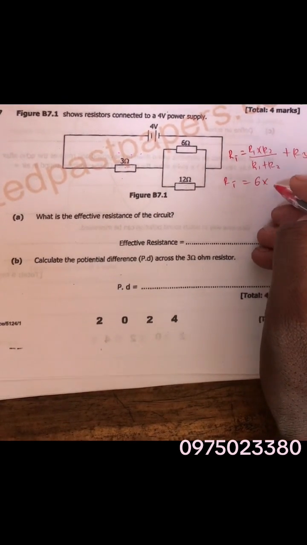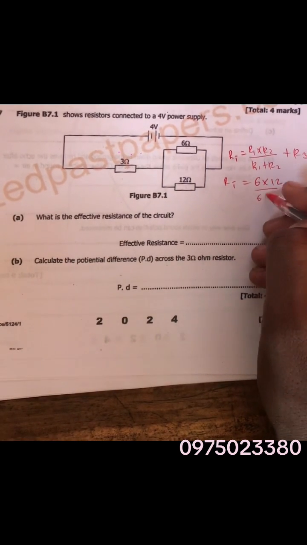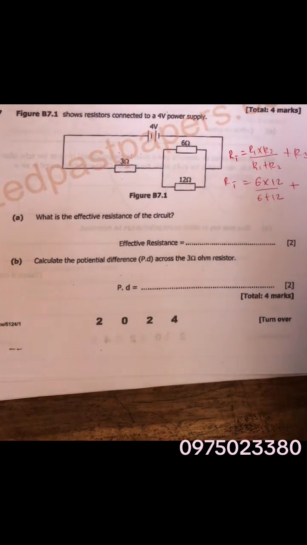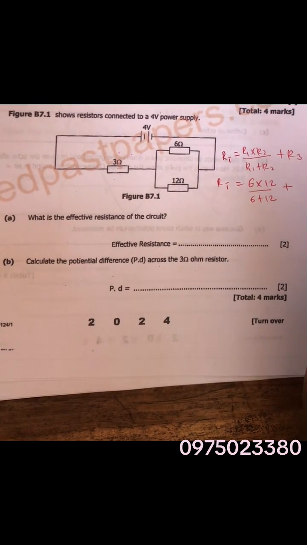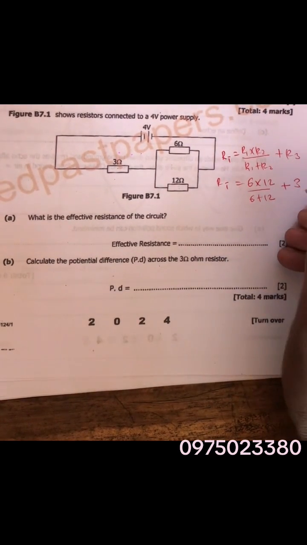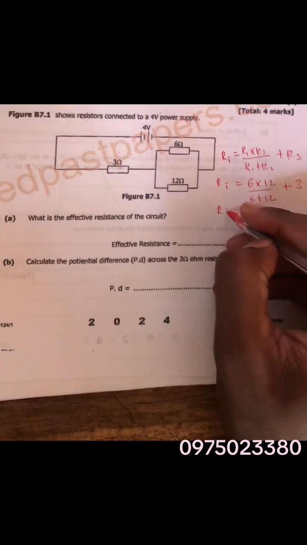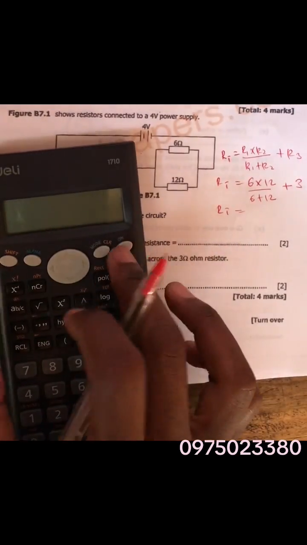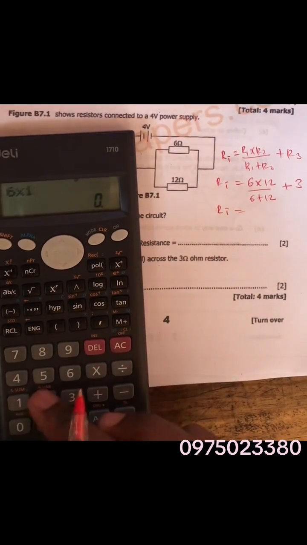R1 is 6. What is R2? 12 over 6 plus 12, then plus R3, which is the 3 ohms there. So the total resistance will be equal to, what is 6 multiplied by 12?